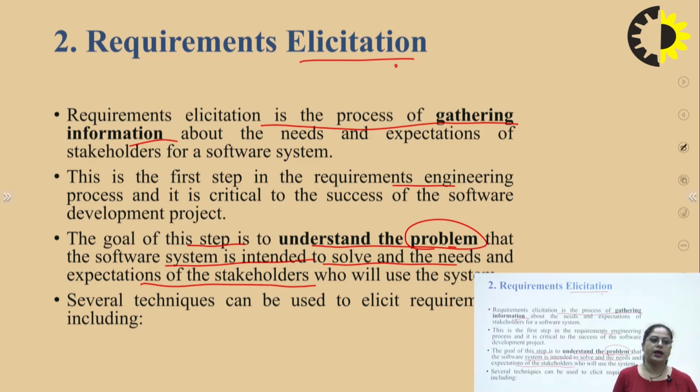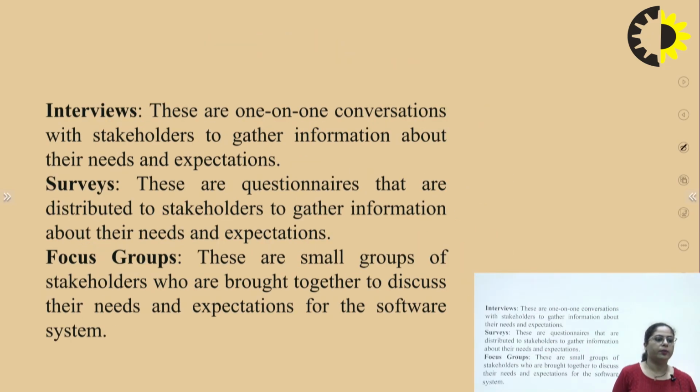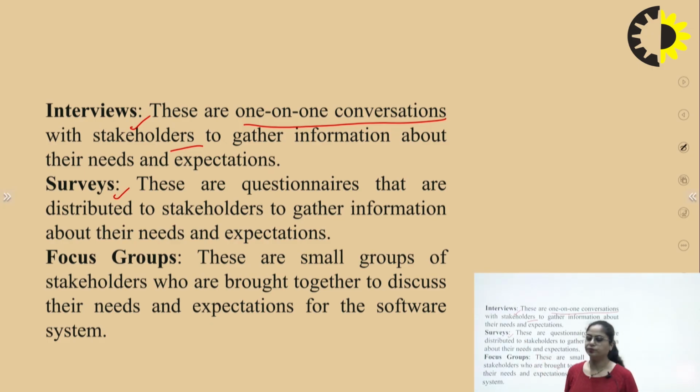Several techniques can be used to elicit requirements. Here we are using various techniques, like first, interviews. These are one-to-one conversations with stakeholders to gather information about their needs and the customer's expectations. Surveys.